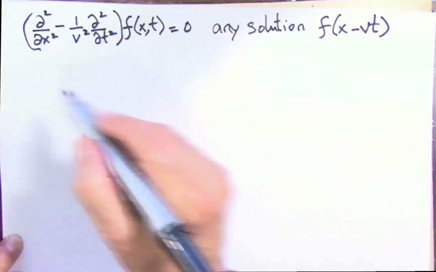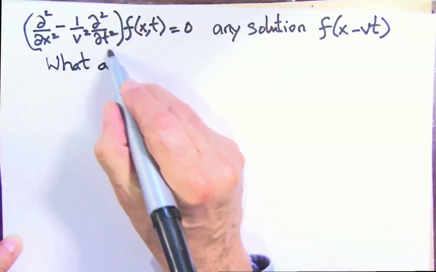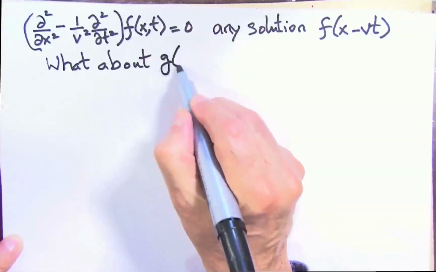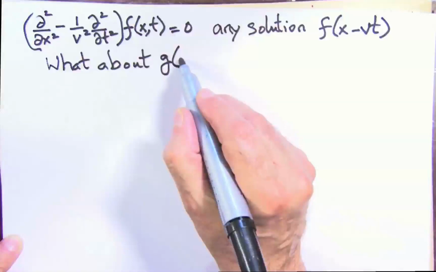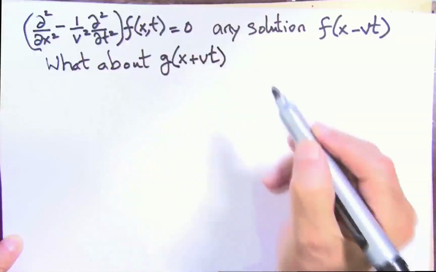But what about a different solution? What about some other function, let's call it g, which is not a function of x minus vt, but which is a function of x plus vt?